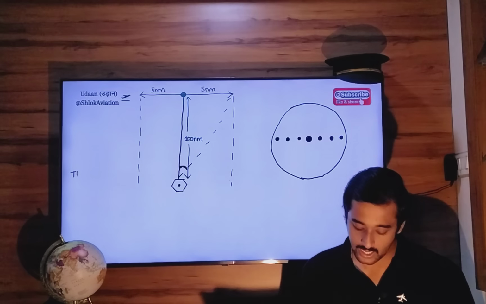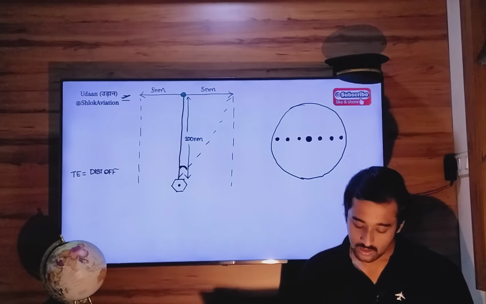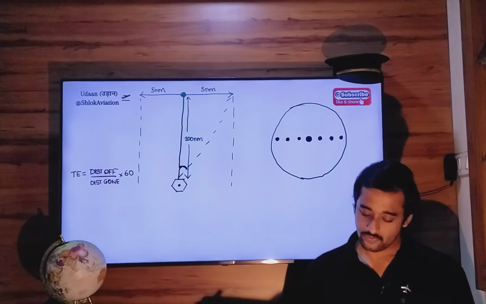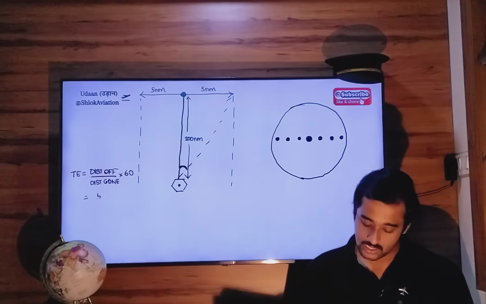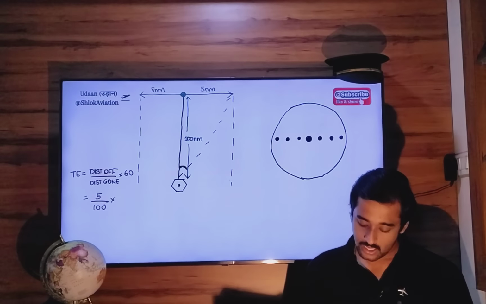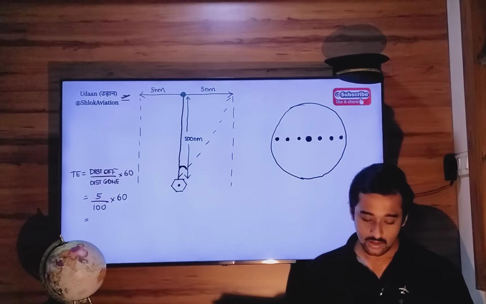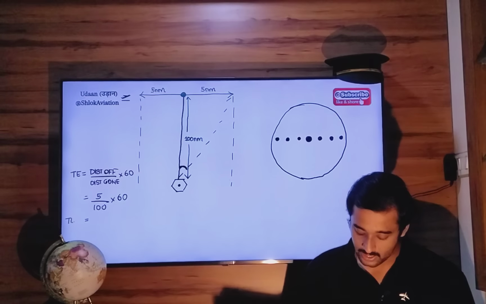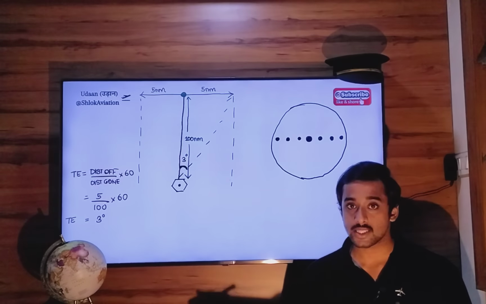Track error angle is equal to distance off track divided by distance gone, multiplied by 60. So distance off track is 5, distance gone is 100, into 60. So 5 into 60 divided by 100 is 3. So track error angle is 3 degrees.